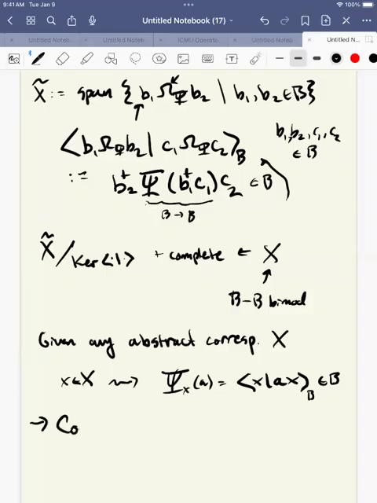So you can define a category called Corr of B. This is a C-star tensor category because fundamentally these correspondences are bimodules, right?